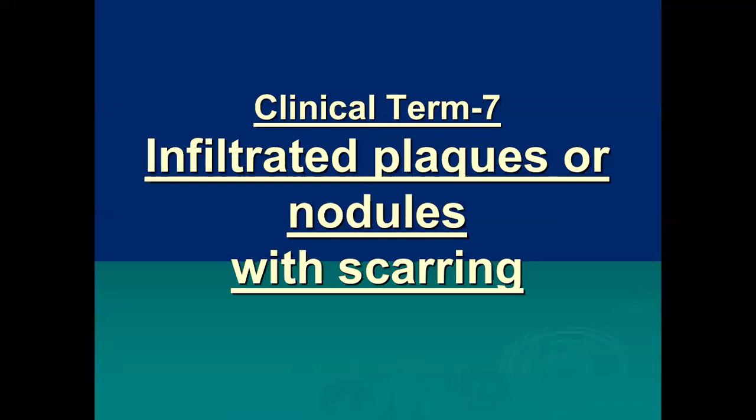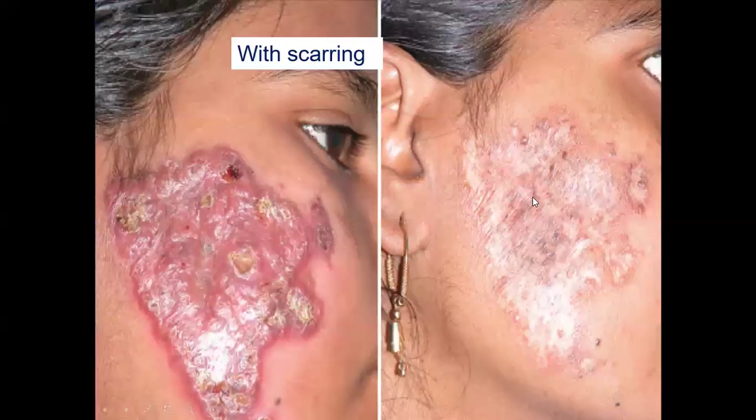So the last group I'm going to discuss is all those conditions in which the infiltrated plaques are associated with scarring. Before, we discussed lots of infiltrated plaques, but these are not associated with scarring. But now the conditions which I'm going to discuss are those in which the infiltration is associated with scarring, and most of these conditions are infections.